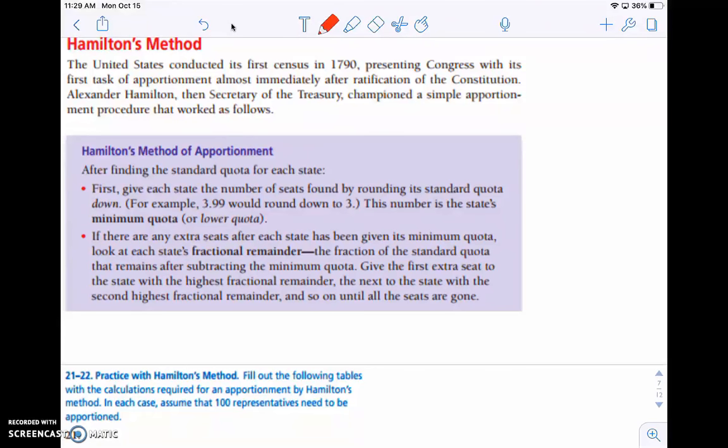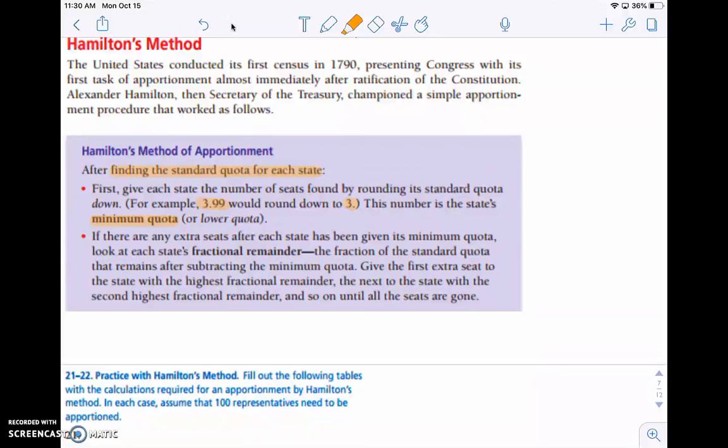So Alexander Hamilton, then the Secretary of the Treasury, championed a simple apportionment procedure that works in the following manner. So after you find the standard quota for each state, first, you give each state the number of seats found by rounding its standard quota down. So if its apportionment was 3.99, you'd round it down to 3, and this is what we call the minimum quota.